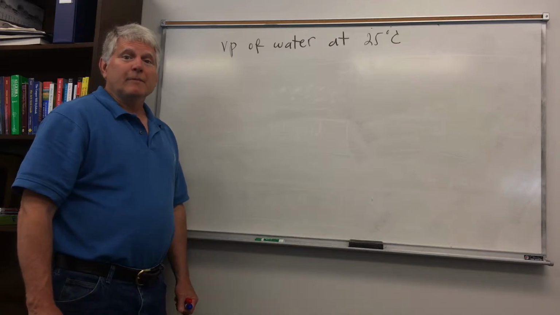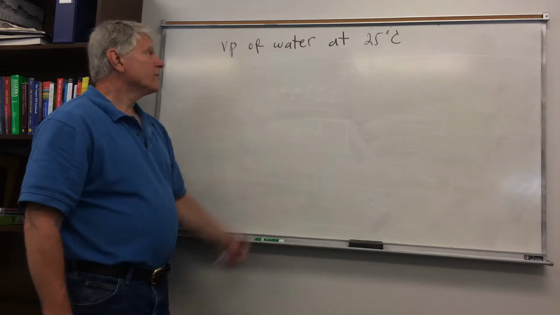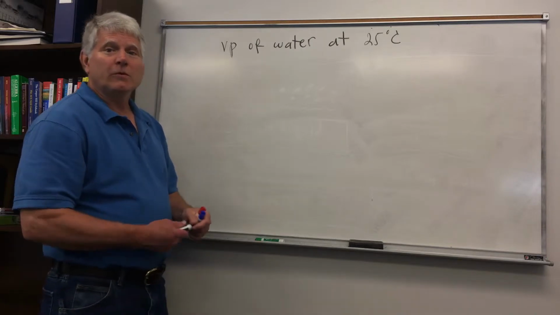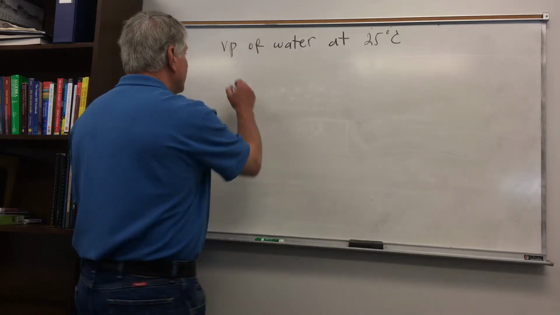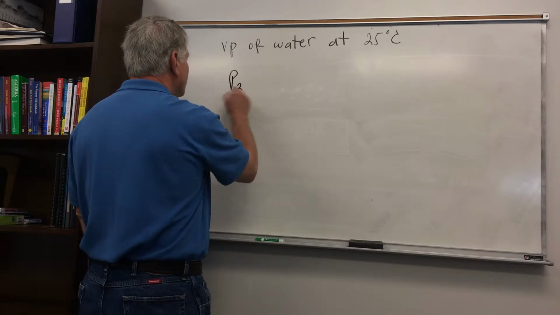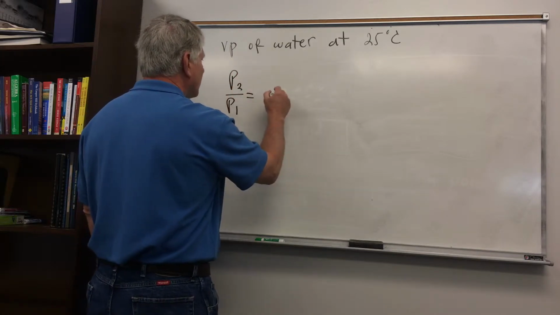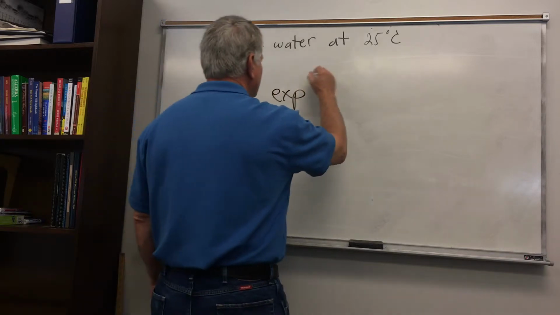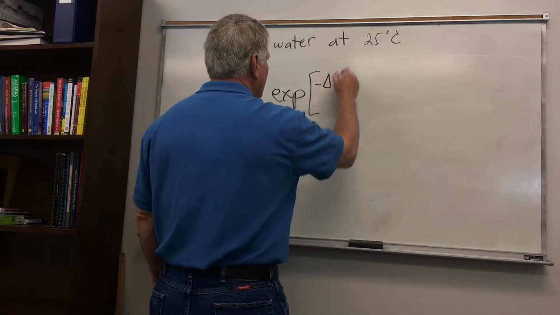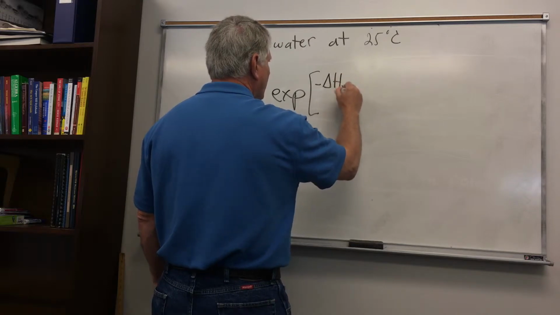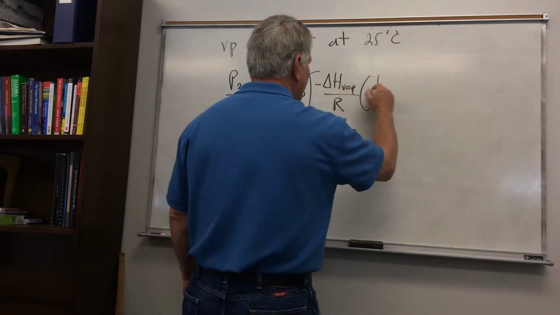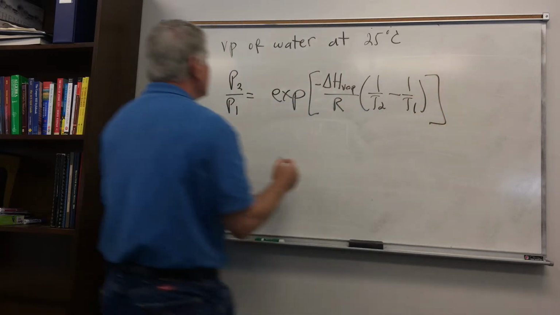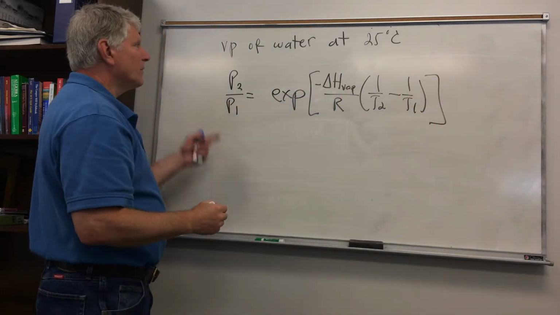Okay, let's do an example. Let's find the vapor pressure of water at 25 degrees centigrade. So we'll use the Clausius-Clapeyron equation, and we're going to solve for the vapor pressure of water at 25 degrees centigrade.